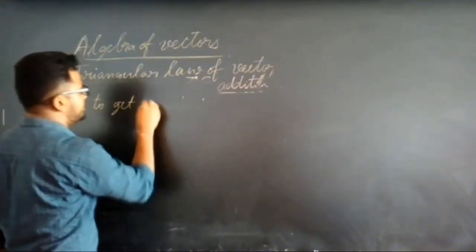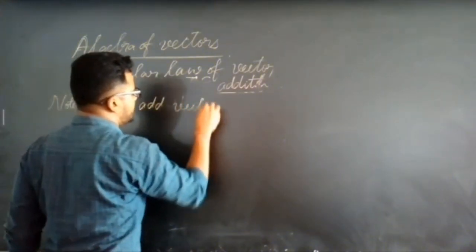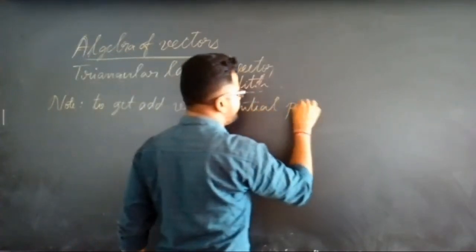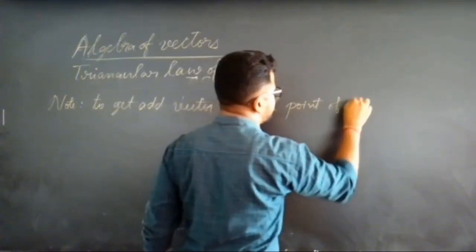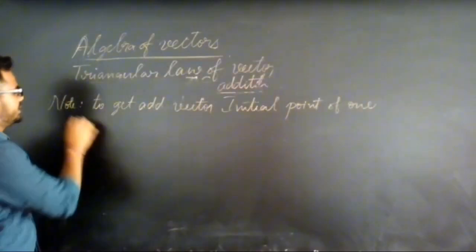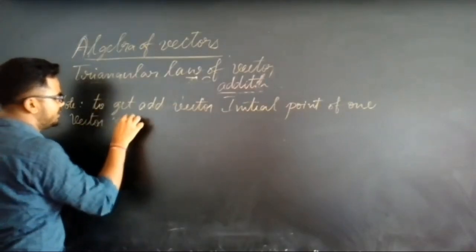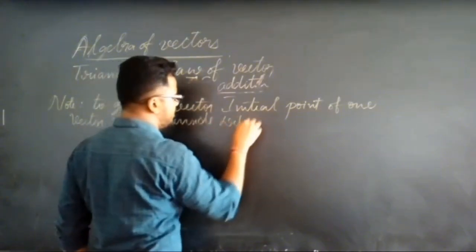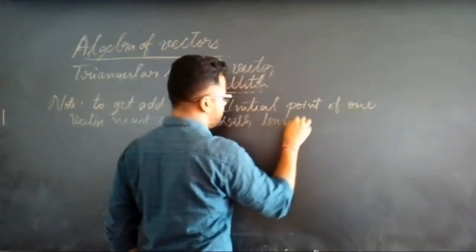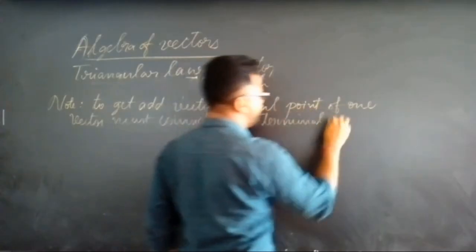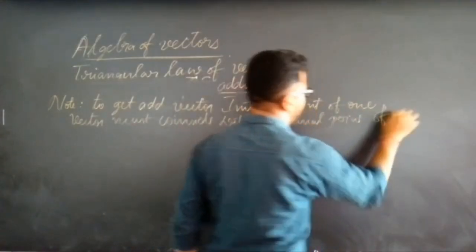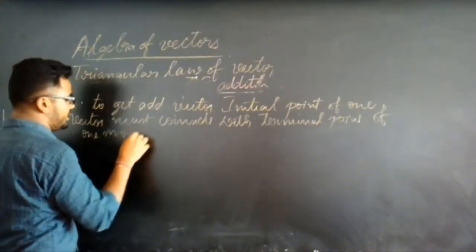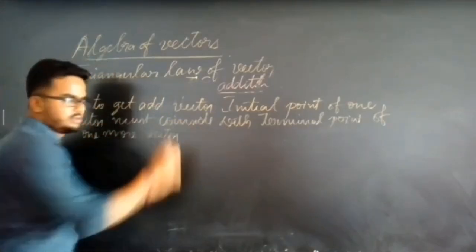To add vectors, the initial point of one vector must coincide with the terminal point of one more vector, or else the second vector. Is this clear to you?